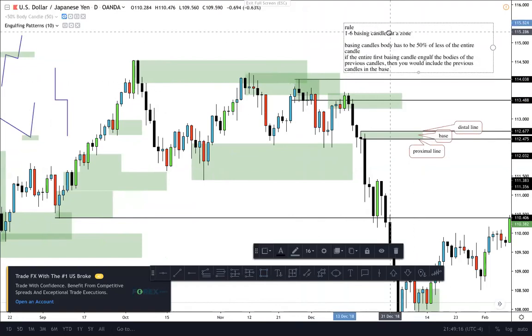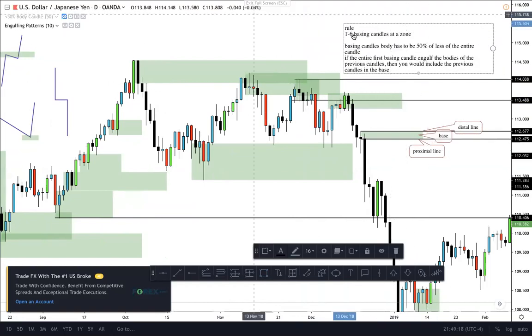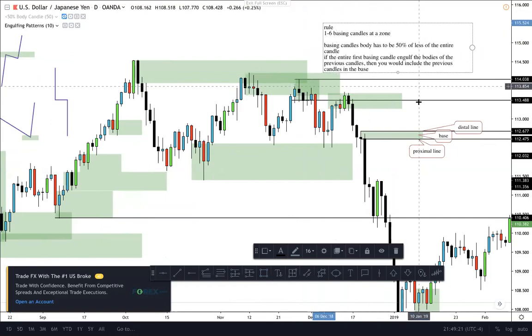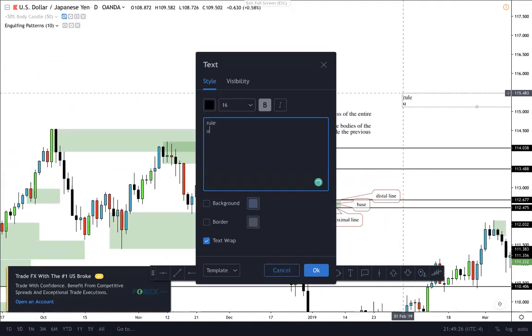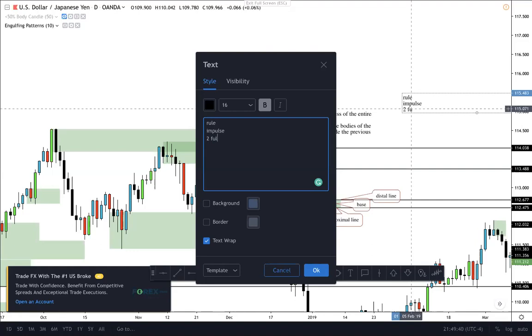Now, back to what we were saying, for the impulse. For a high probability level, you need to have at least two full extended range candles.